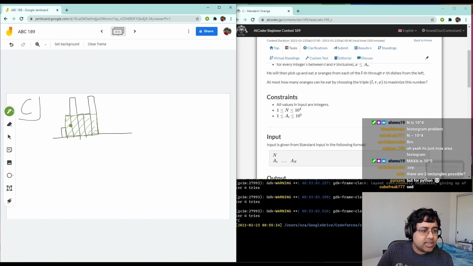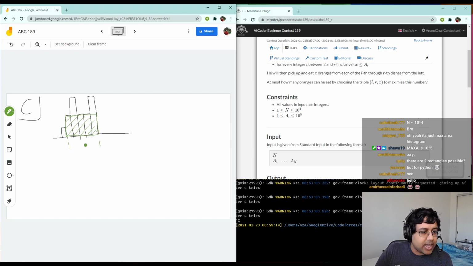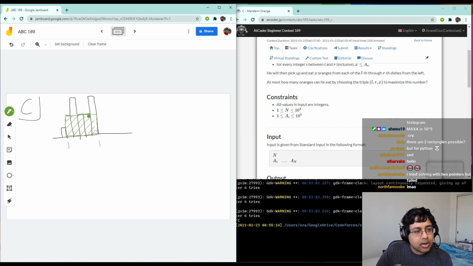Once you visualize it like this, you realize that whenever you pick the left and right endpoints, you always just want to pick as high as you can for the height of the rectangle. And the height of the rectangle will be the height of the minimum height bar.